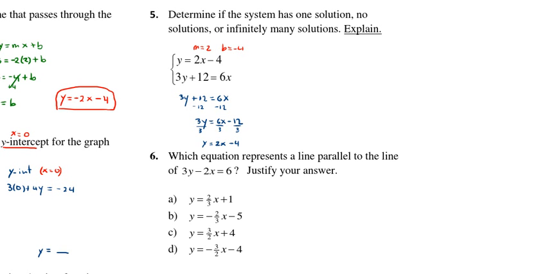Now we can see the slope, which is 2, the y-intercept, which is -4, and we compare with the first one, we can see that both of them have the same slope, which is 2. Both of them have the y-intercept, which is -4. So that means both equations are on the same line. That means the two lines intersect in all the points. Therefore, it has infinitely many solutions. So this would be our answer.